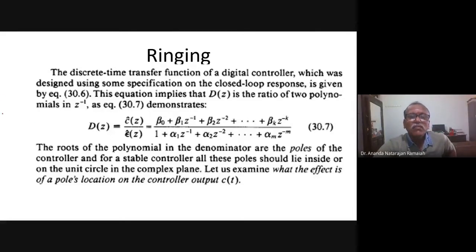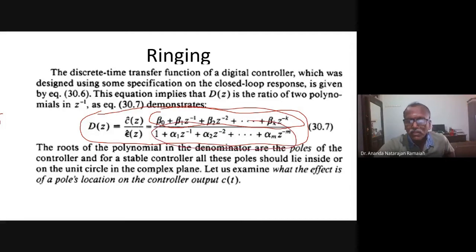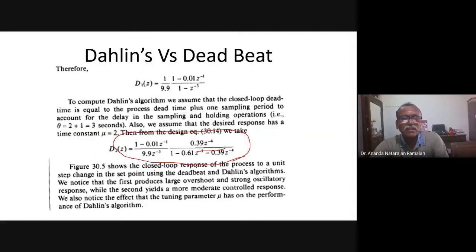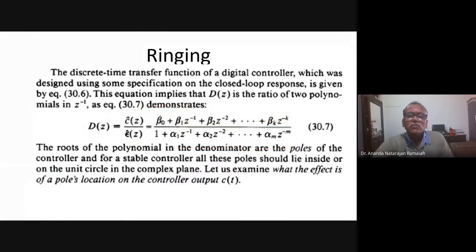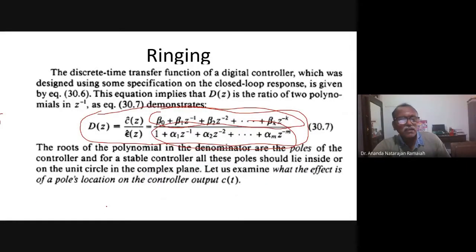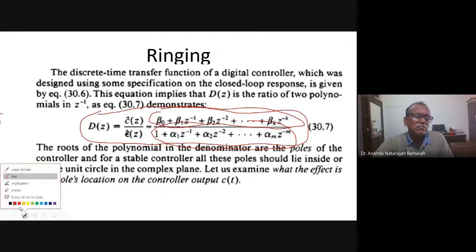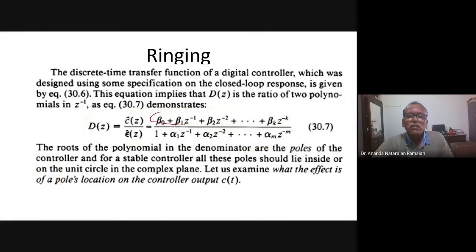Before seeing that, what is D of Z? It is the ratio of 2 polynomials in Z. You see in the previous examples what you got while designing deadbeat: a numerator polynomial and a denominator polynomial in Z. So this is the numerator polynomial of the given controller, and this is the denominator polynomial.